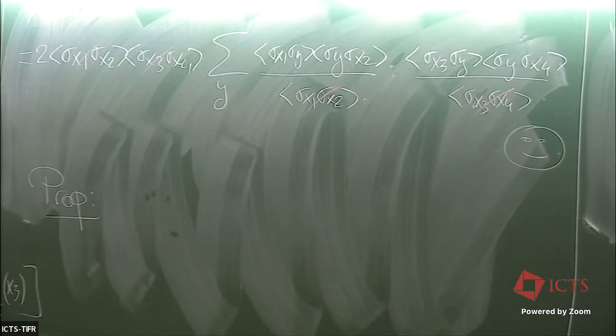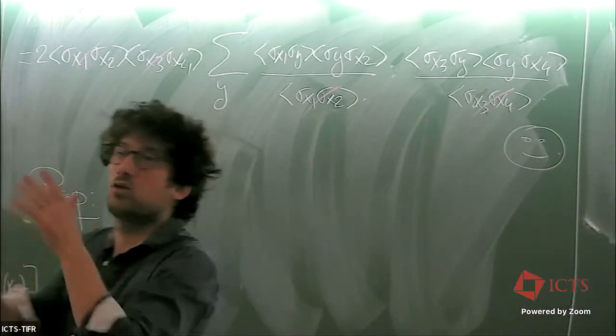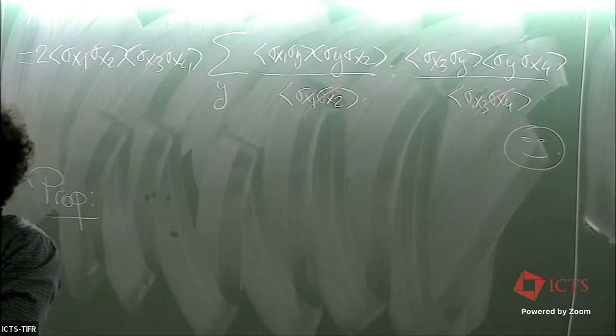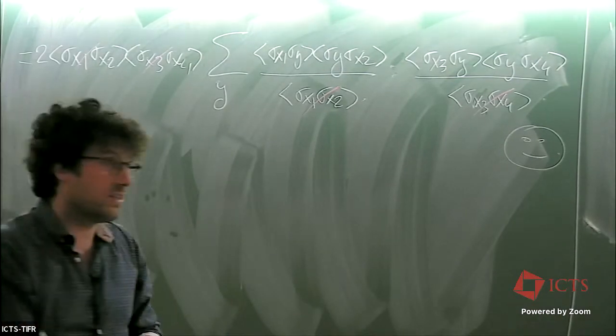If I look at n larger than 2, so 6 points or 8 points, when I look at the product of my pairs, I'm going to have n currents. And in fact, the switching lemma doesn't work well with n currents. It's really with 2 that it works well. You get equalities only with 2.